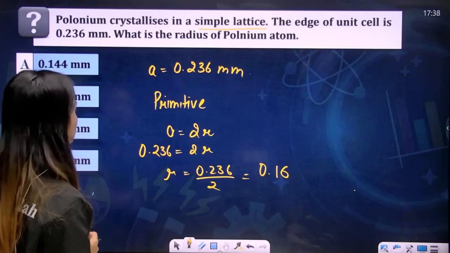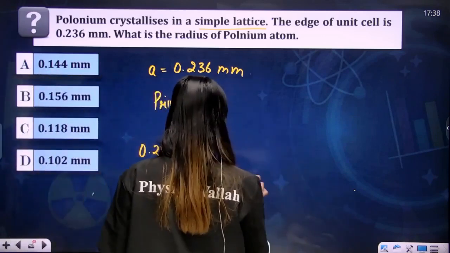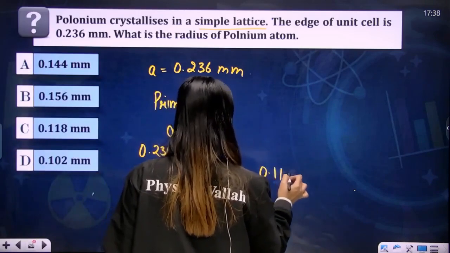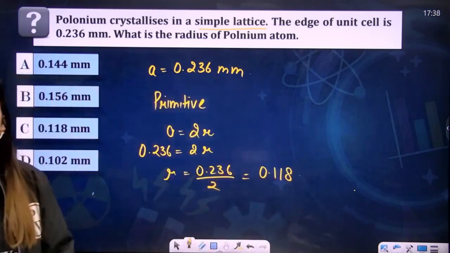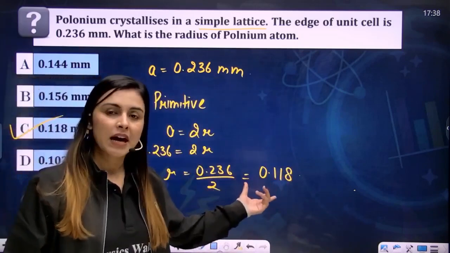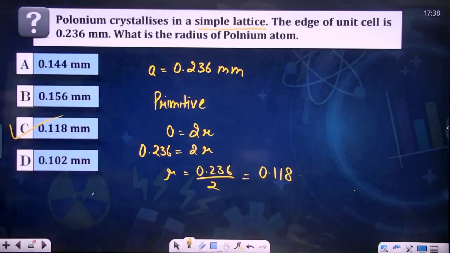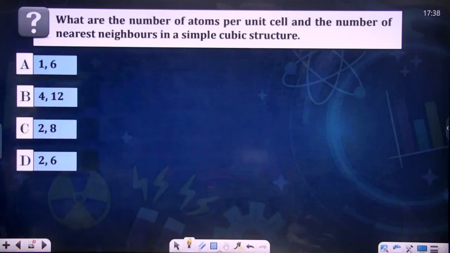The closest answer that I can see right now, just a second. No, you have 0.118. Okay, 0.118, right? Yes. So option C will be your correct answer. I hope you're clear with this. This is how you have to solve this question. Perfect? Yes. Amazing, my dear students. Let's move forward. The next question.